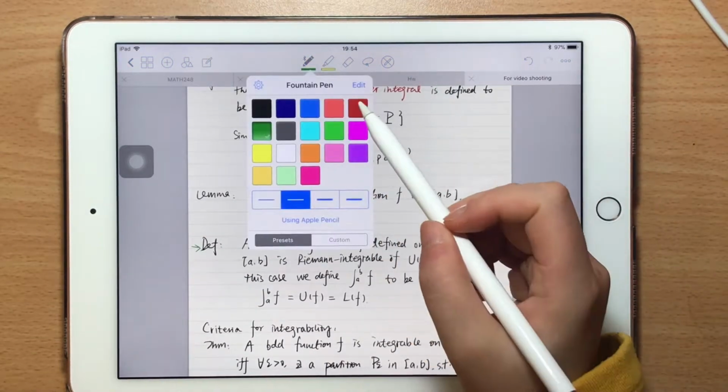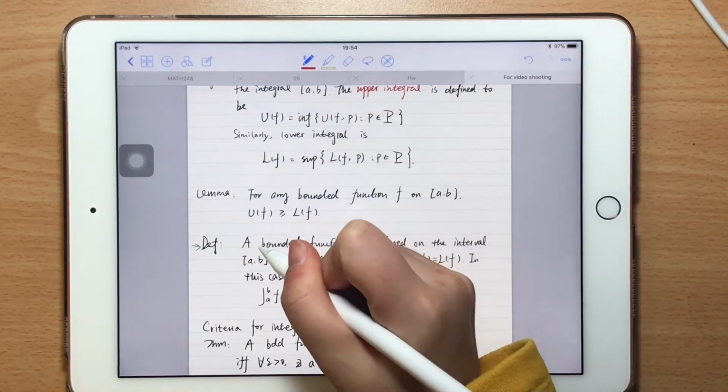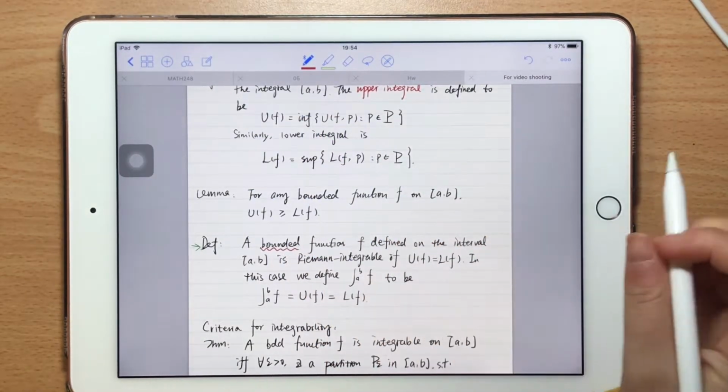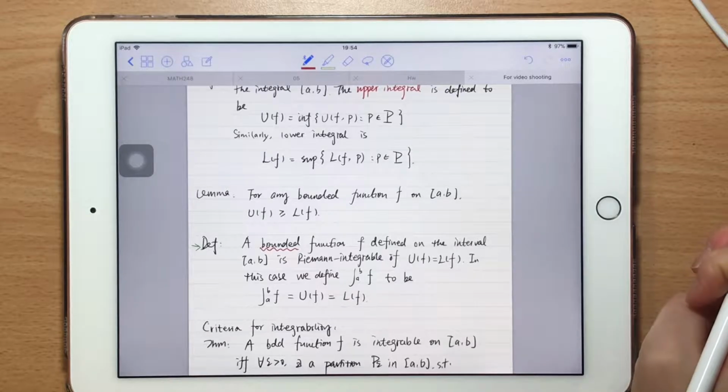But here we have to pay attention that the functions we are going to talk about for Riemann integrability are bounded functions.